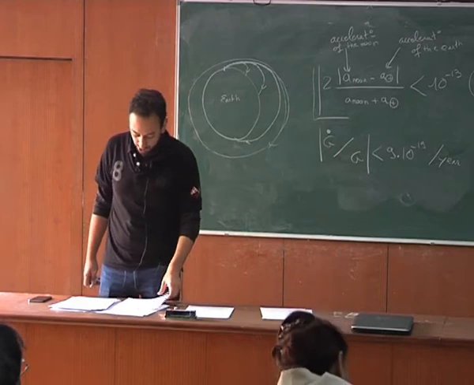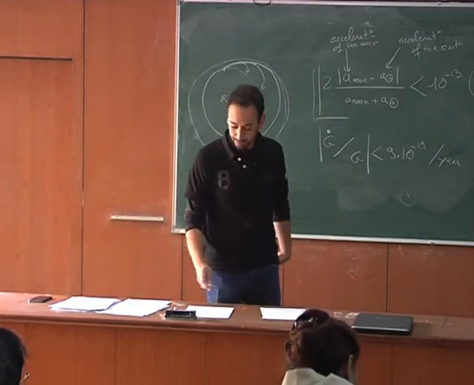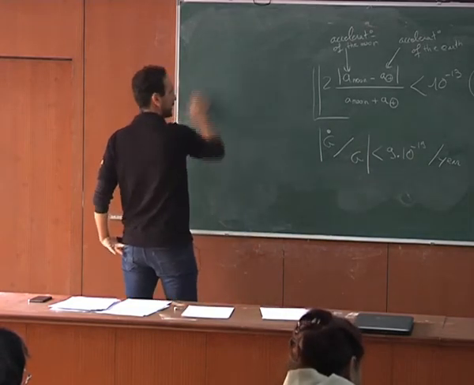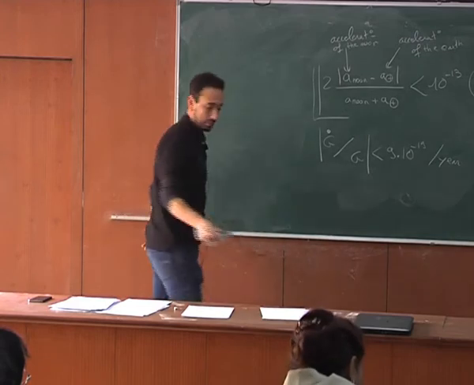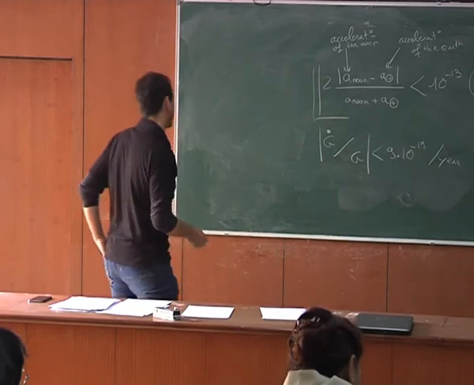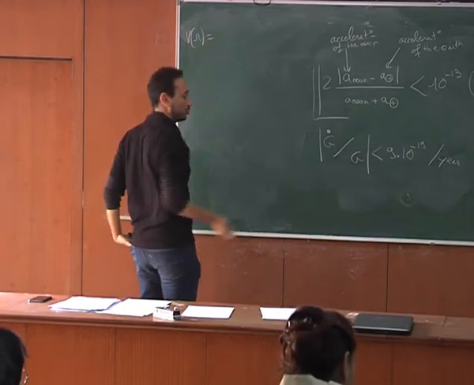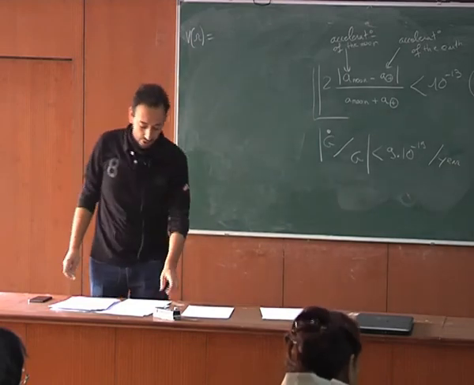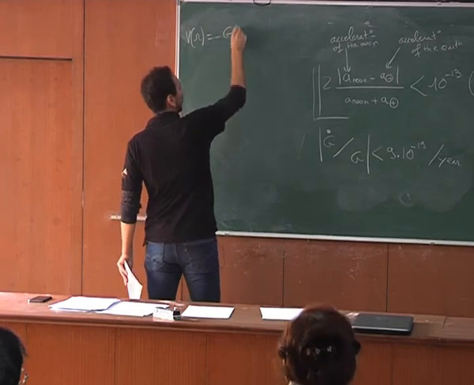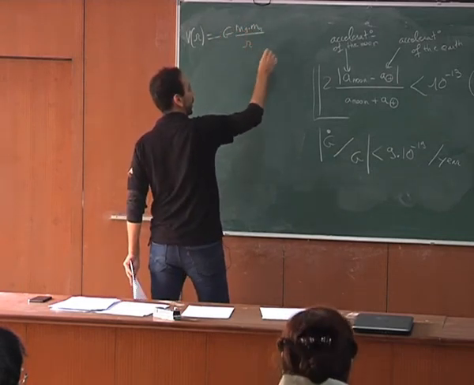Another experiment which is made in the laboratory is the following. You will have all of these things in my notes, I'm trying mostly to explain what's happening. One experiment made in a lab starts from the fact that the gravitational potential, according to Newton, is minus G m1 m2, a first mass times a second mass, divided by r.